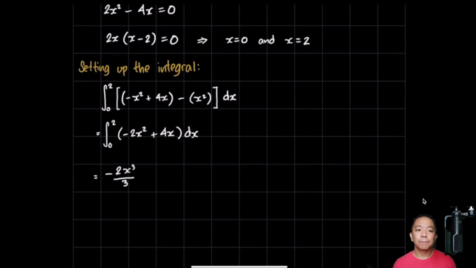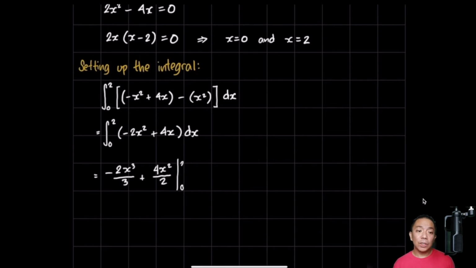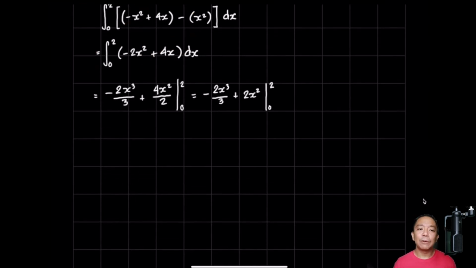So simplifying the expression, this is the definite integral from 0 to 2 of negative 2x squared plus 4x. Applying the power rule, para makakuha tayo ng isang antiderivative, we'll get negative 2x cubed over 3 plus 4x squared over 2. This is an antiderivative of negative 2x squared plus 4x. Sinimplify ko muna yung 4 over 2. So we'll substitute 2 dun sa x.